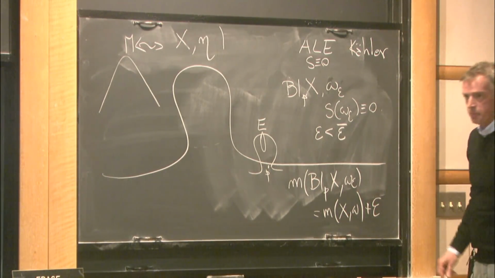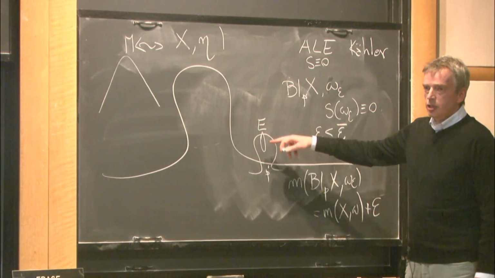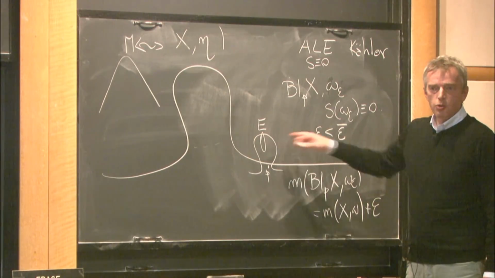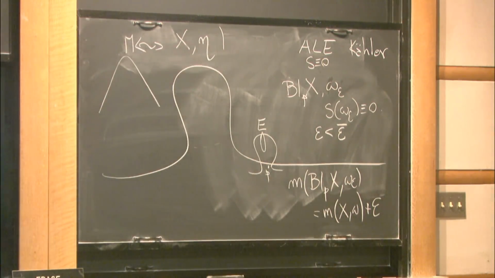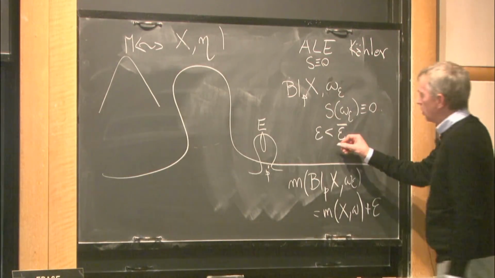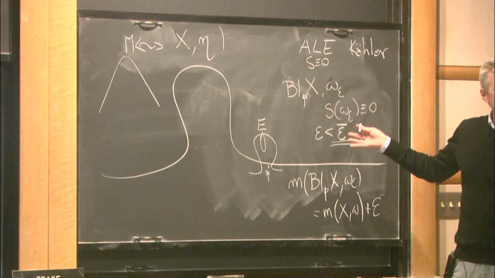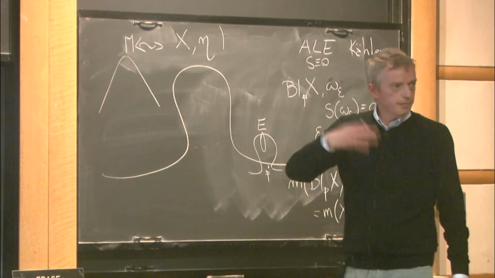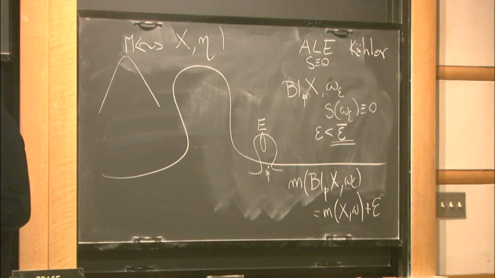So plus essentially the volume of the exceptional divisor that you have put into the manifold itself. It's increasing by this amount. So how much can it increase? Well, it can increase at most by this mysterious number epsilon bar, which is hidden in the implicit function theorem that is giving you the gluing theorem.